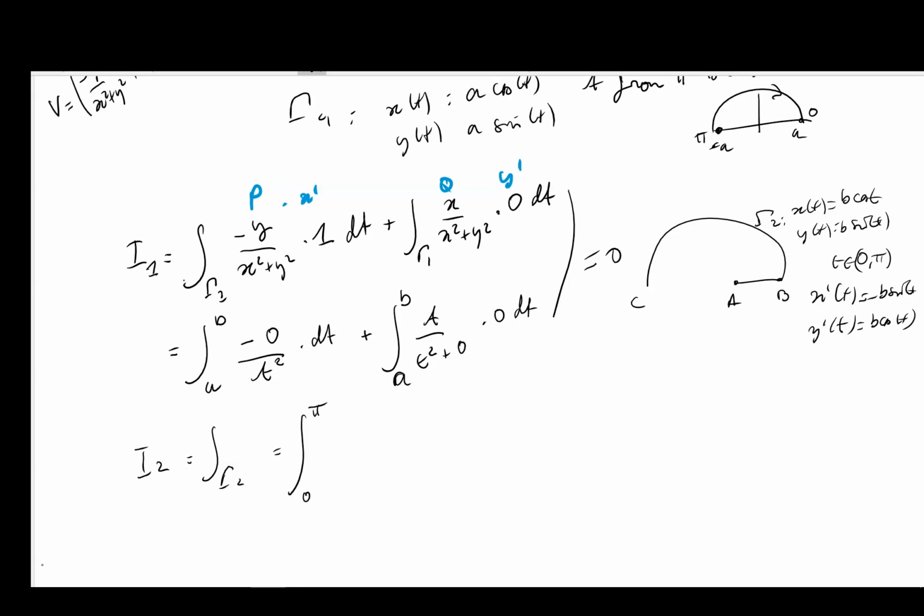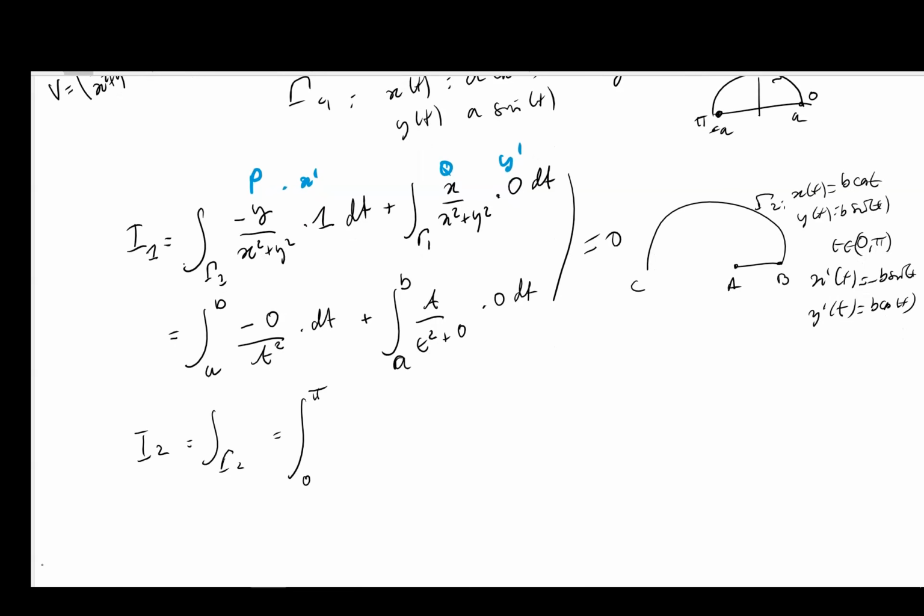The x component is given by minus y, so minus b sine of t divided by x squared plus y squared, which is b squared cos squared plus b squared sine squared, so b squared, times x prime, which is minus b sine of t.